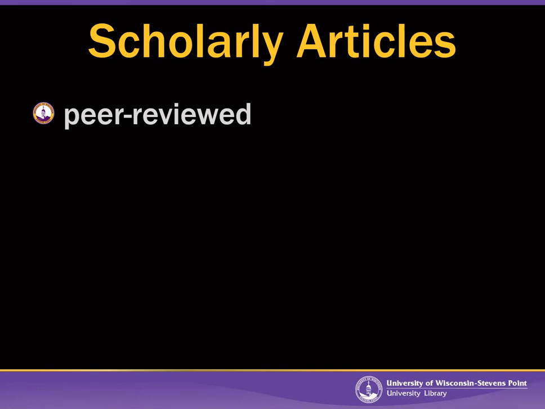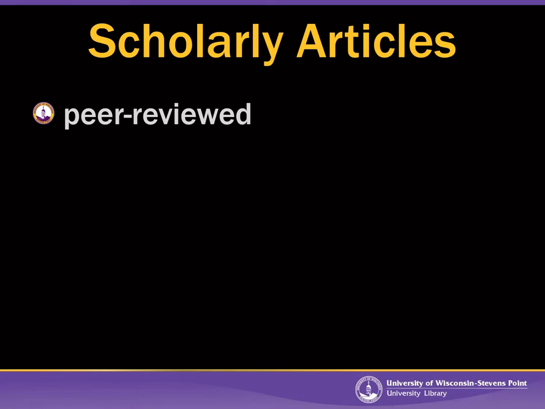Those experts then review and verify the information in the article. So in essence, those fellow experts or peers determine if the article gets published at all. The peer review process normally takes months. It's quite rigorous. I've been through it myself. It can be excruciating. But that's why professors like to require scholarly articles for research assignments.